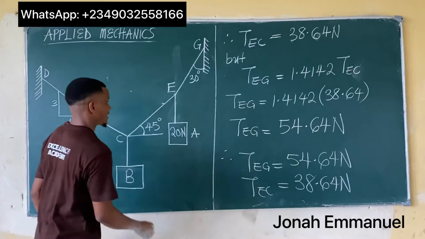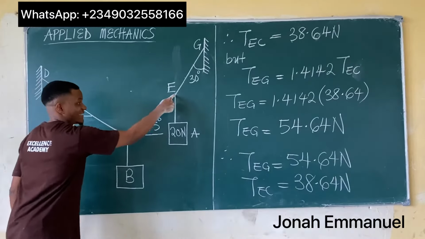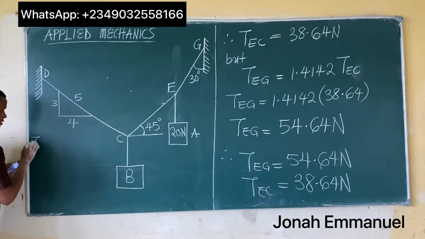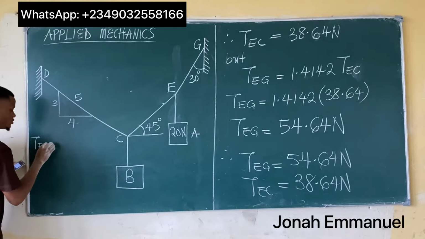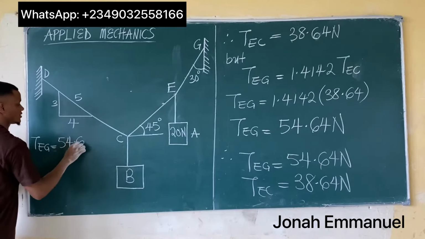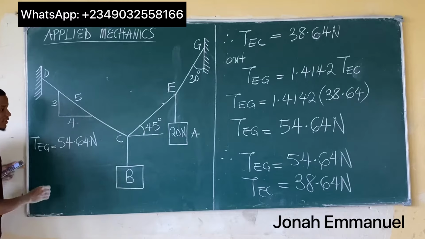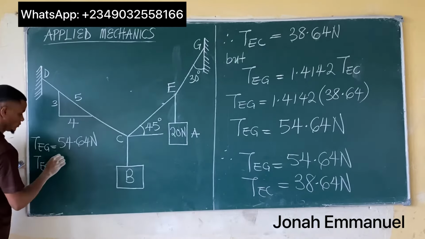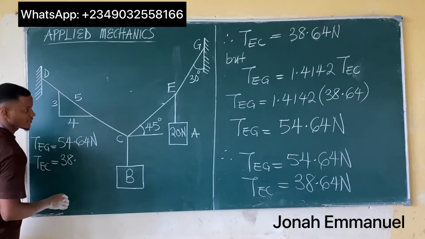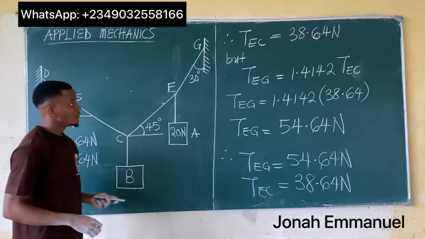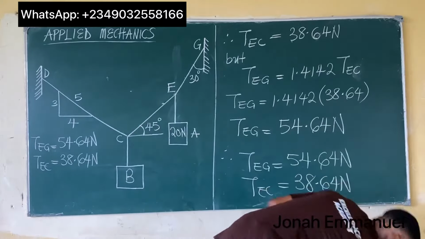With this, we just analyze this point, and next task will be to analyze this point. So I'll take down these two values, that TEG is 54.64 Newton, and TEC is equal to 38.64 Newton.